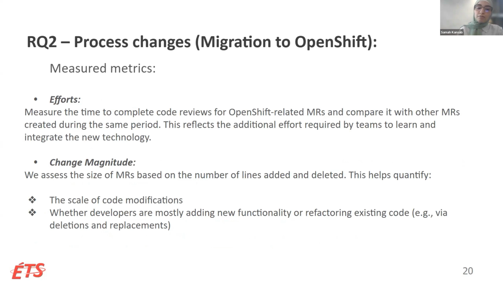The change magnitude is the number of lines that are added in the code and the number of lines which are deleted. So here we want to see if people are just adding new functionalities, so the number of added lines is more than the deleted ones, or they are equal, so people are refactoring the existing code, or just deletion, so people are cleaning their code.